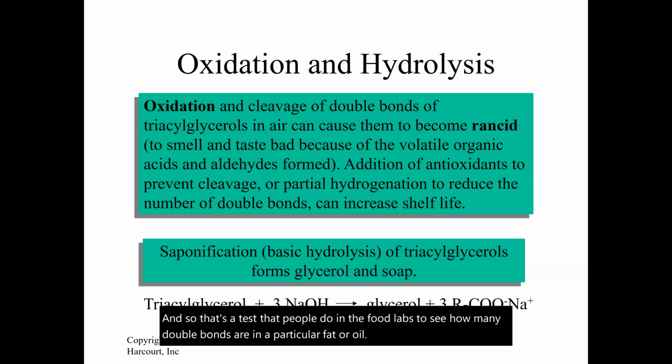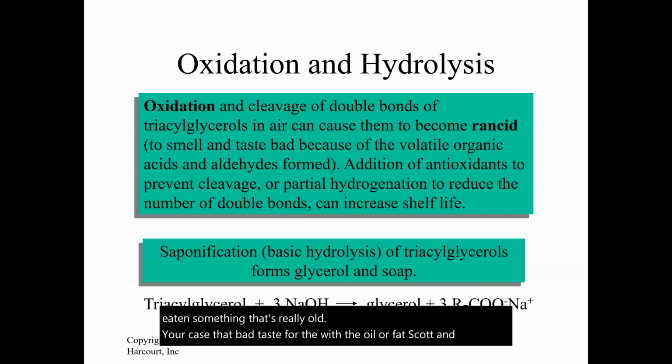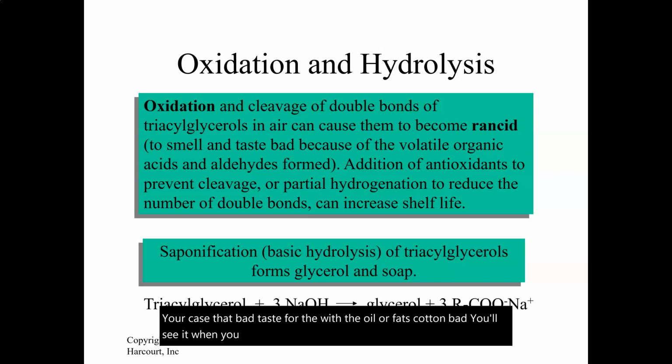We can also oxidize these fats and oils. When we do that, it causes a rancid taste. If you've ever eaten something that's really old, you'll taste that bad taste because the oil or fat has gone bad. You can open up a bottle of really old oil and see that it's kind of cloudy, and then it smells weird.